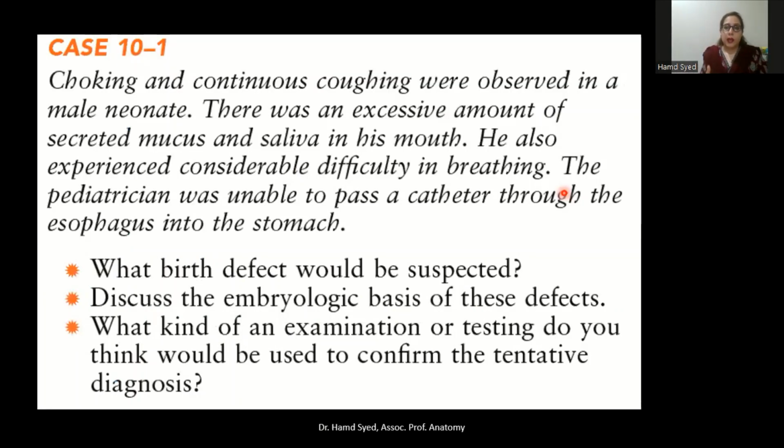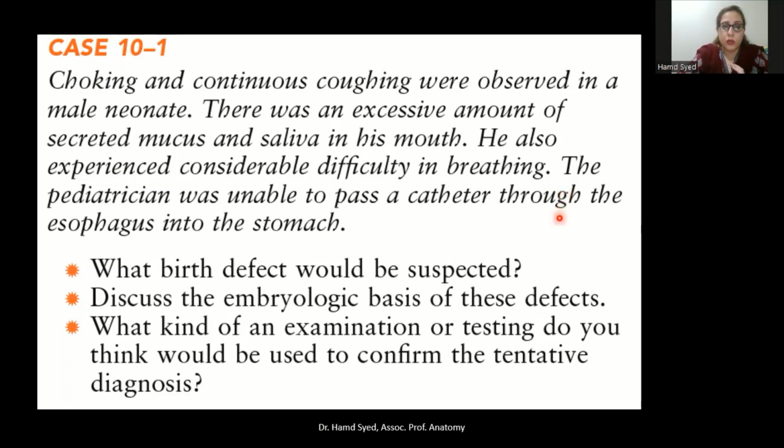So what would be the clinical scenario if a baby is born with tracheoesophageal fistula and esophageal atresia? To give an example, here is a scenario which I've shared with you. Choking and continuous coughing were observed in a male neonate. There was an excessive amount of secreted mucus and saliva in his mouth. He also experienced considerable difficulty in breathing.